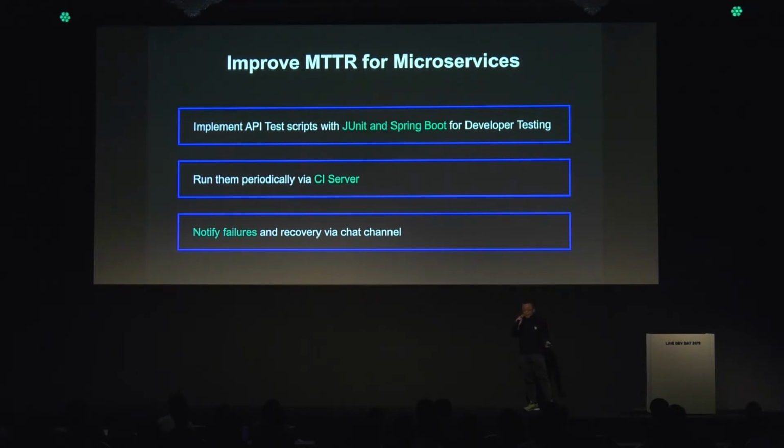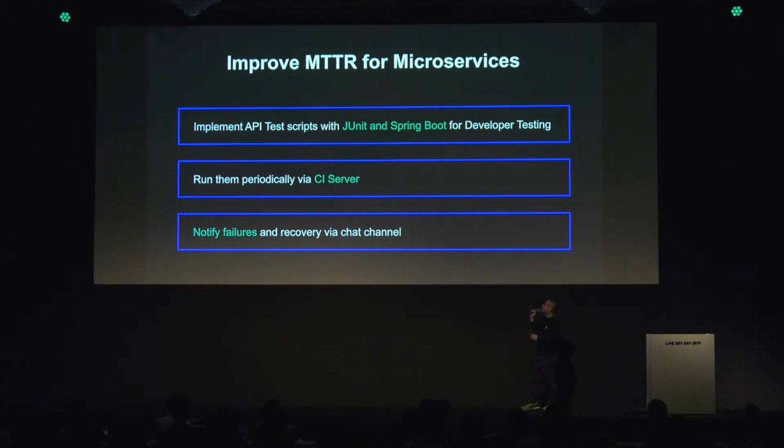So we asked developers to write the test, and we did many actions for that. In channel gateway, it is mostly written in Java. Therefore, for Java engineers, JUnit would be easiest to use, and also Spring Boot to call the API. Combining the two, we asked the testing code to be created.